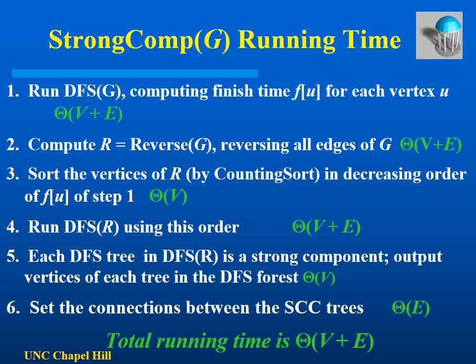And then set the connections, which involves looking at which edges have been identified as the non-tree edges in the reverse graph. Could also have done that within step 5, but if we do it separately, it'll take time theta of V. And so the total running time is order of V plus E.